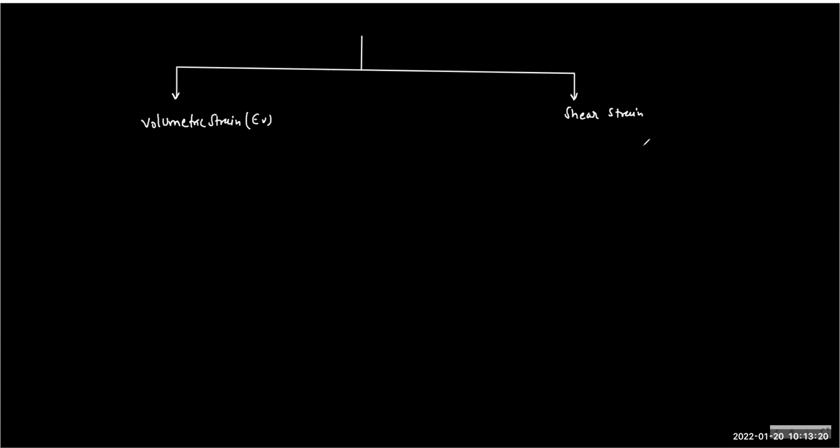So the tangential force always creates the sideways movement of the object, and this sideways movement is captured by the definition of shear strain. So the shear strain we denote by epsilon s, and we'll study this in a bit more detail.